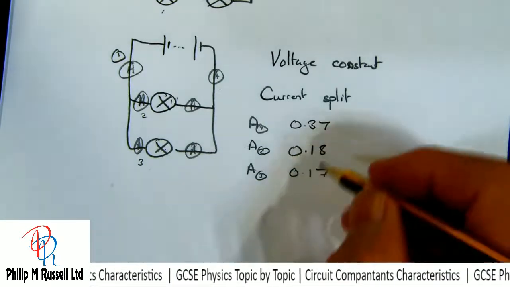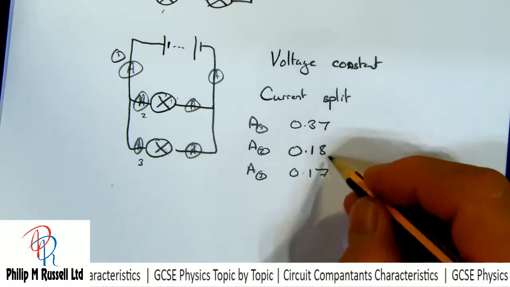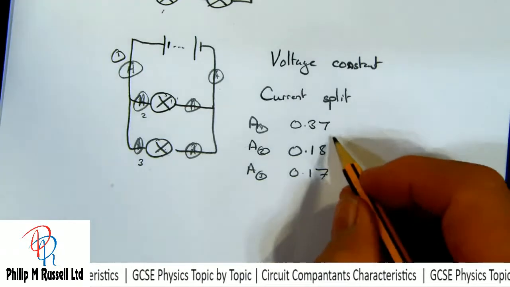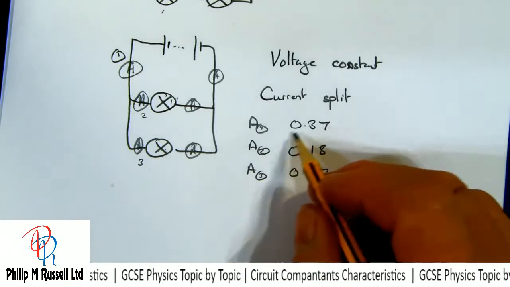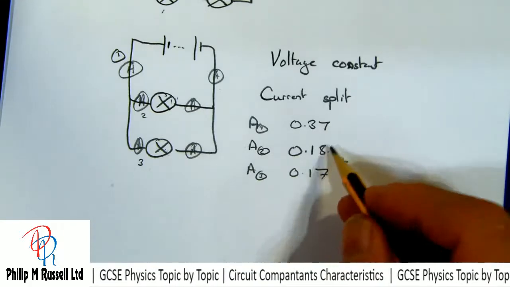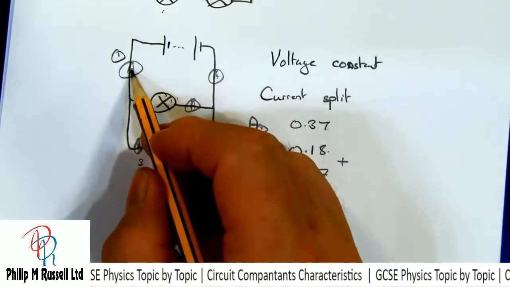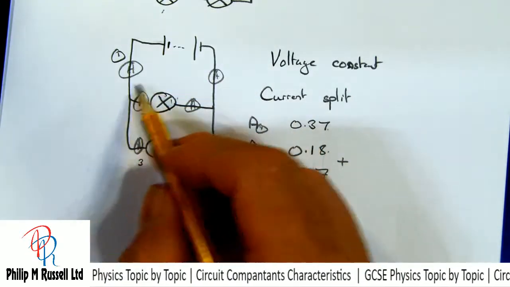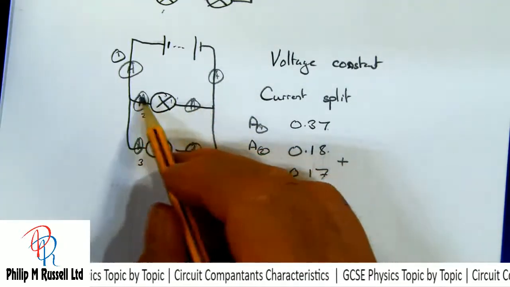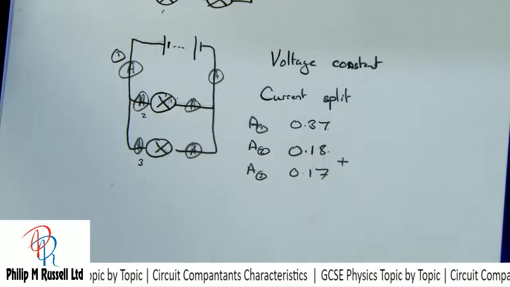And what we can see is that, not quite in this case, but it should do, I've got some bad contacts. I think that's what's causing the problem. Then what we find is that these two added up together make the total. So where we've got the current not split, it's high, and where it's split, half the current, because the bulbs are the same, is going one way and half is going the other way.